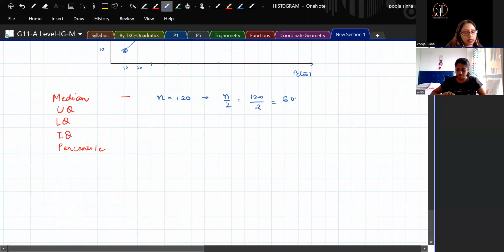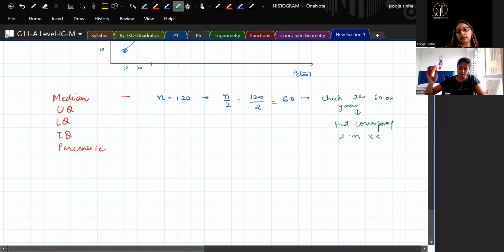On the graph, you check 60 on the frequency, the cumulative frequency part. So check 60 on the y-axis, and then find the corresponding point on the x-axis. Is that clear? Yeah.